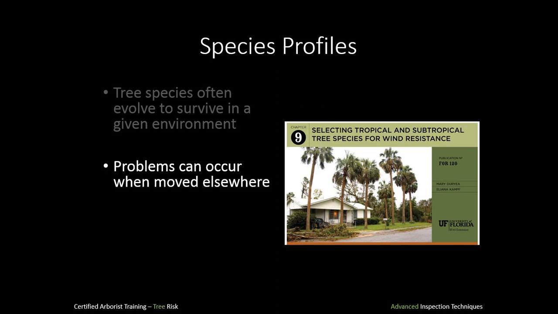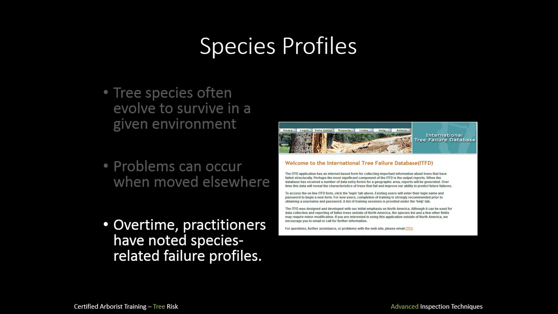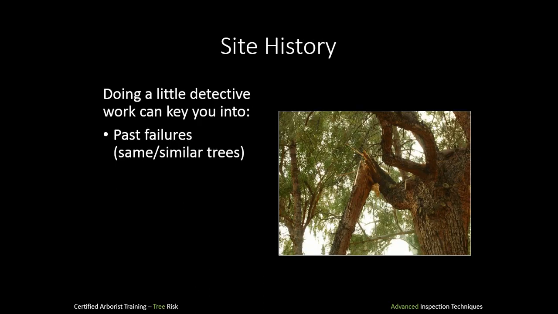And that's one of the rubs when we try to introduce new species to the urban environment. Over time, practitioners have noticed these species-related failure profiles, and we document them in things like the International Tree Failure Database, which ultimately trickles down into our guides and our risk assessment methods.